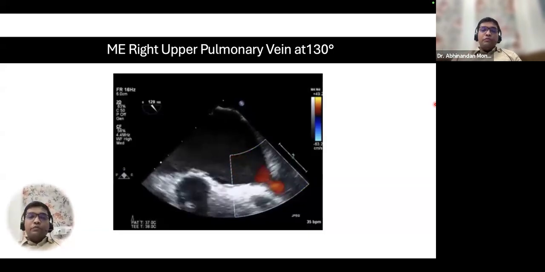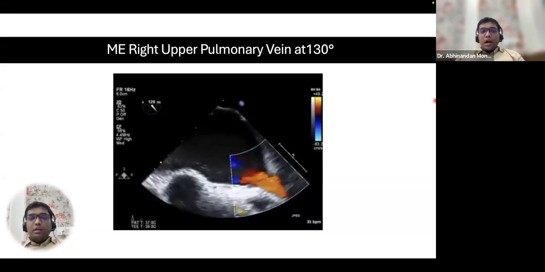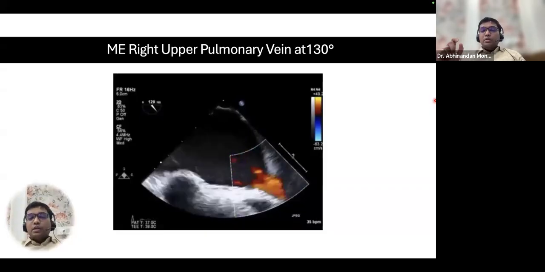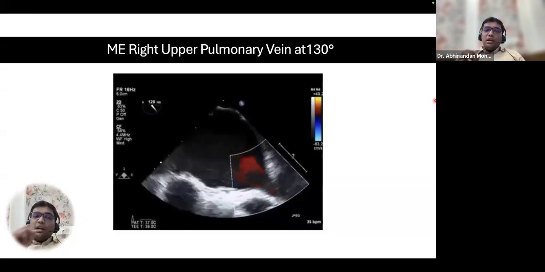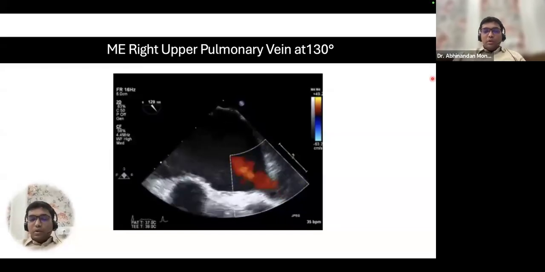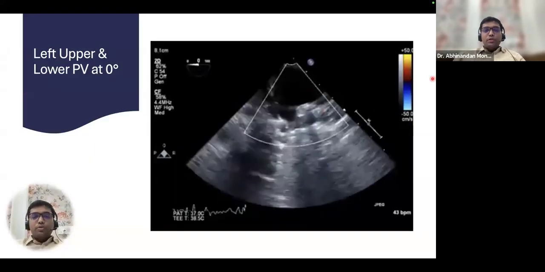The easiest way that I always follow, whenever you want to see the left sided pulmonary vein, wait, let me show you once.